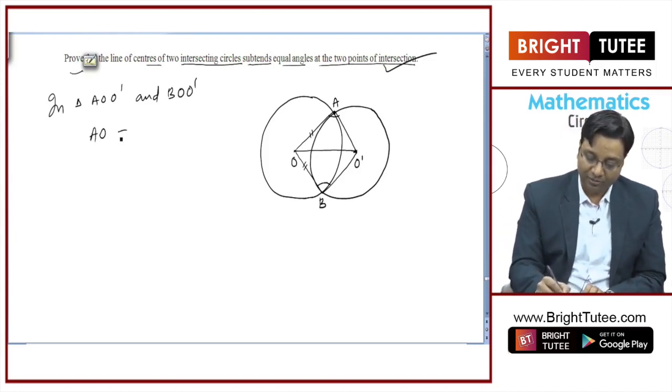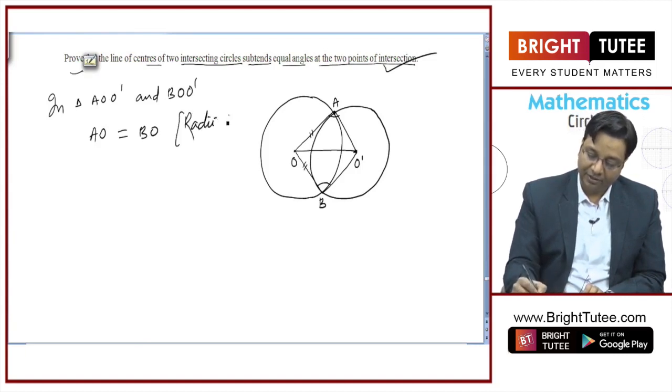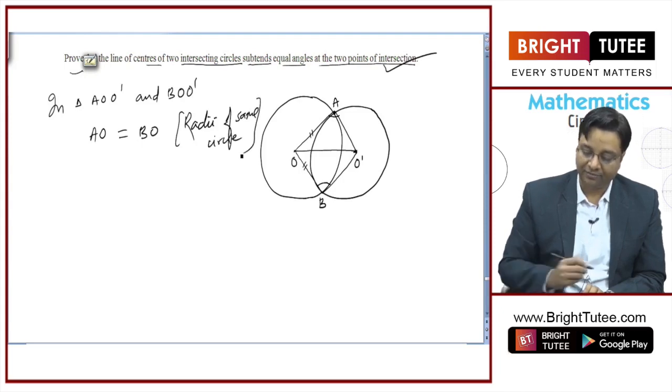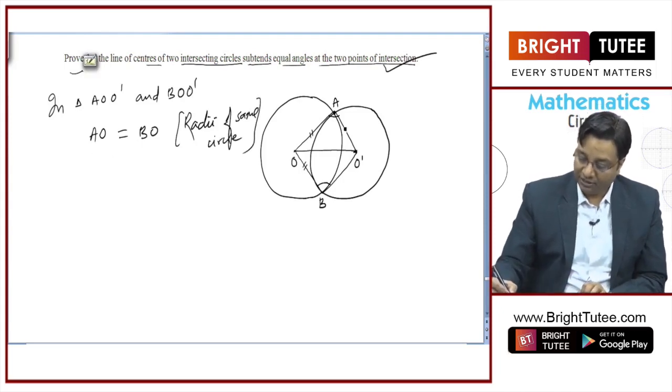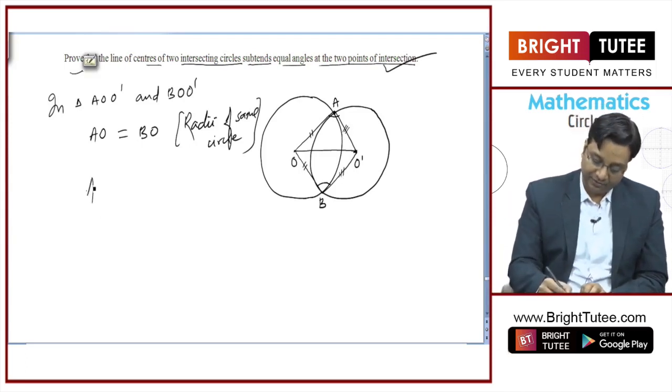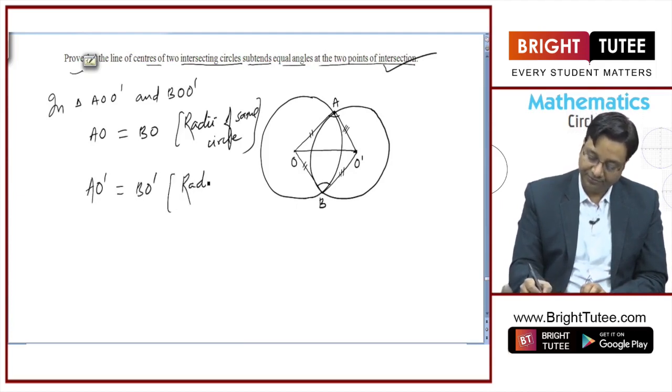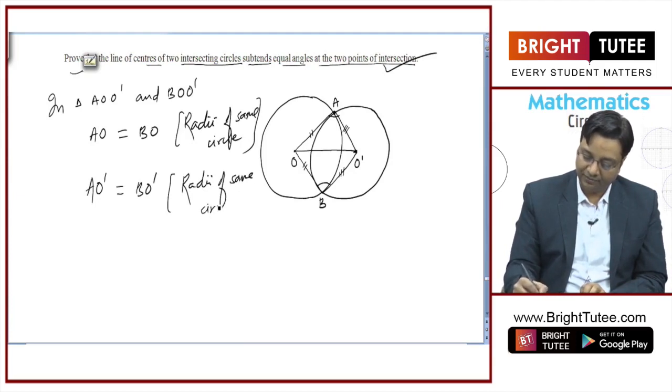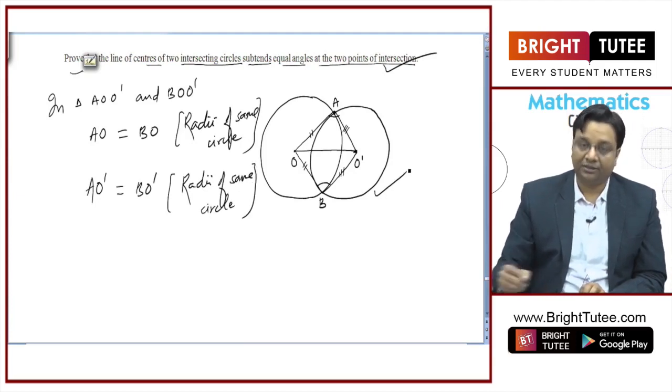So I can say AO is equal to BO because these are radii of the same circle, hence these are equal. Similarly, you can say that AO dash is equal to BO dash, radii of the same circle, that is this circle.